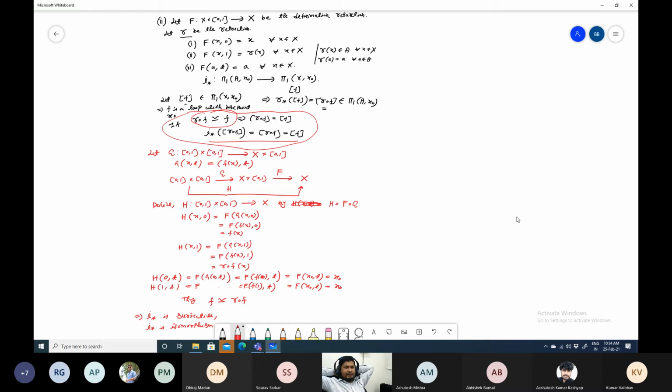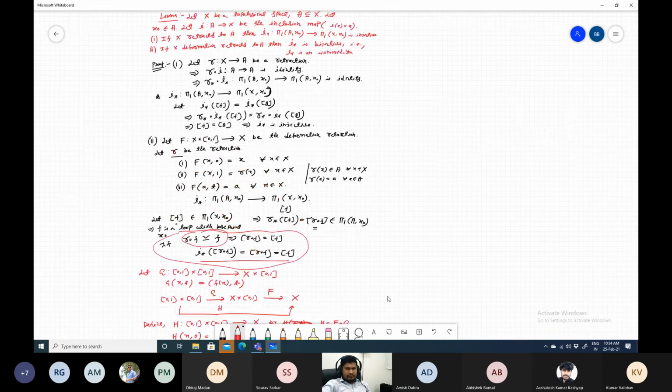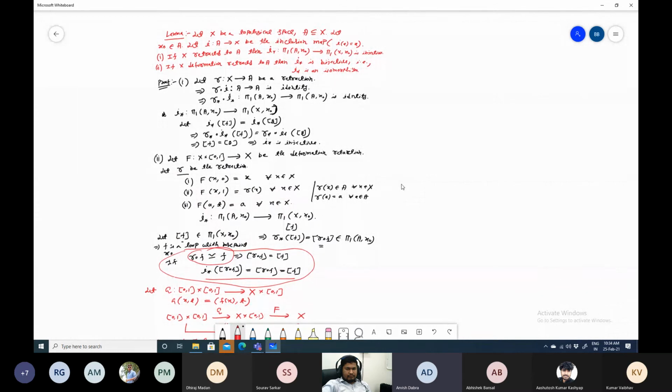Hello. Yes. So in the first part, when we write I star f, why can't we write directly that I star f is f? Like I star f is defined as I composed with f, then it should be f. So when we write let I star f be equal to I star g, by definition of I star f it is nothing but I composed with f. So why are we using R star?